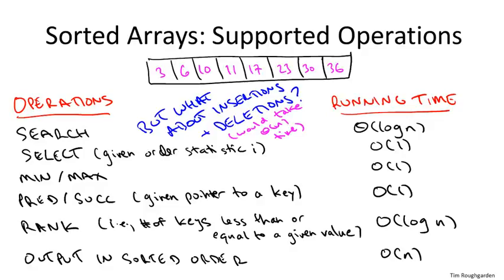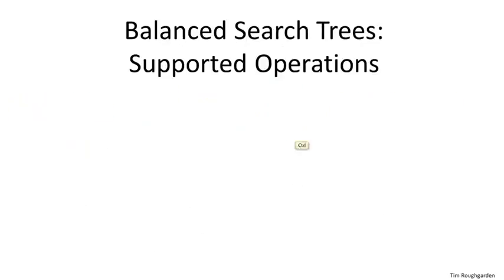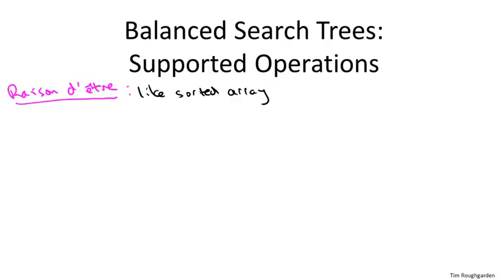So the raison d'etre of a balanced binary search tree is to implement this exact same set of operations, just as rich as that supported by a sorted array, but in addition, insertions and deletions. Now, a few of these operations won't be quite as fast. We're going to have to give up a little bit.